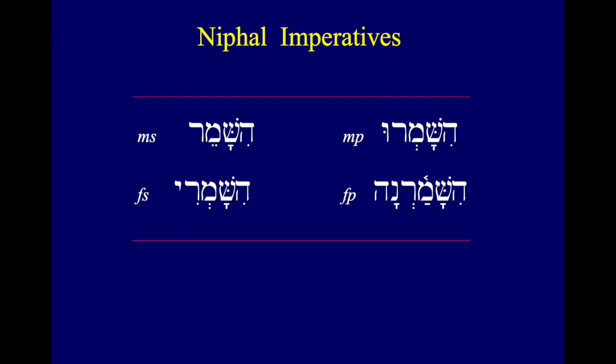But if I say this in the Niphal, so my masculine singular form would be hishamer, this would have a different meaning. Instead of saying keep or guard, it would be guarded, be kept, something like that, which doesn't make a whole lot of sense. But in the middle of a story, you might be able to imagine some situations where someone might say, just sit there, be watched, be guarded, be kept, or something like that.